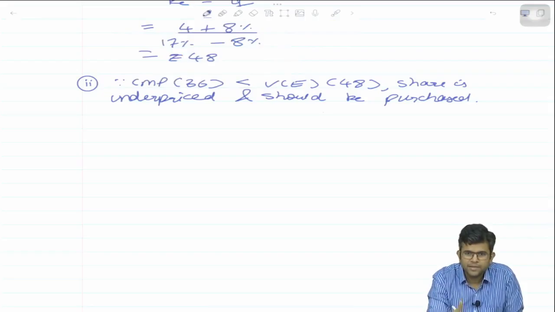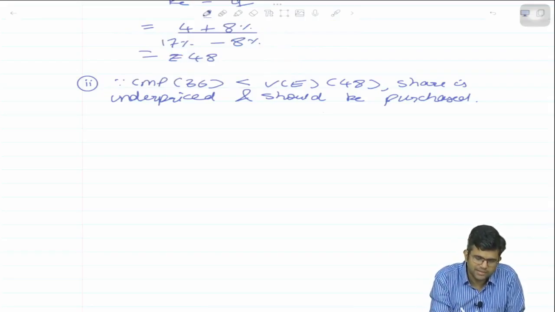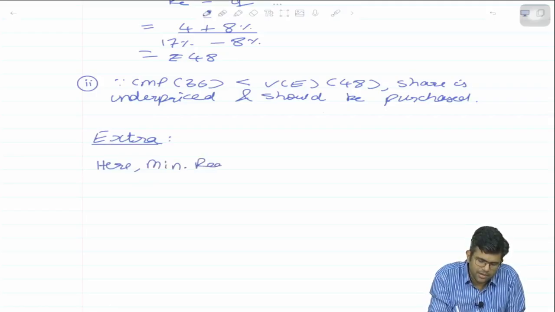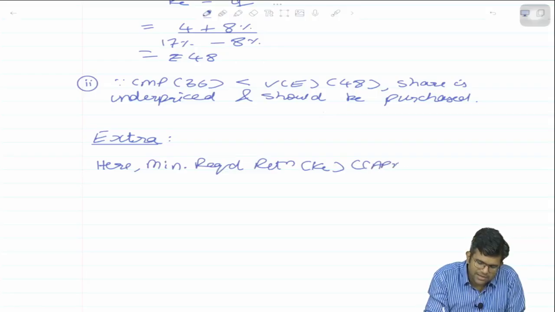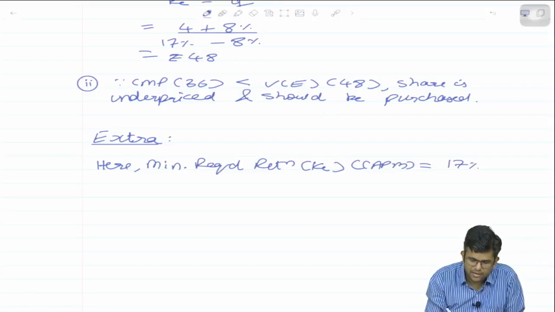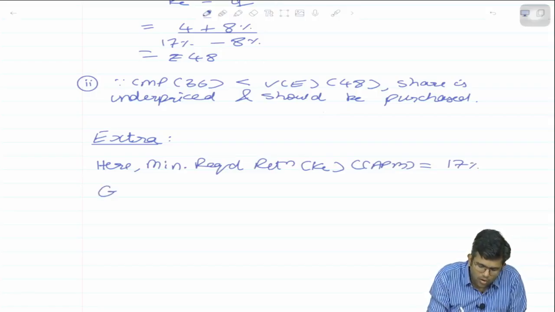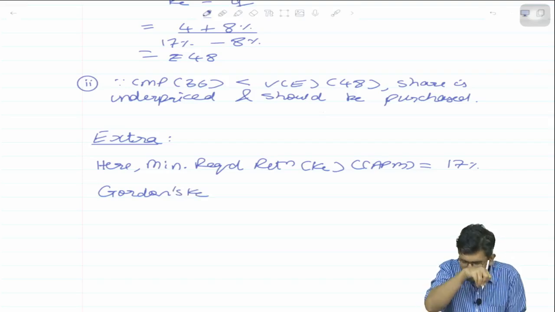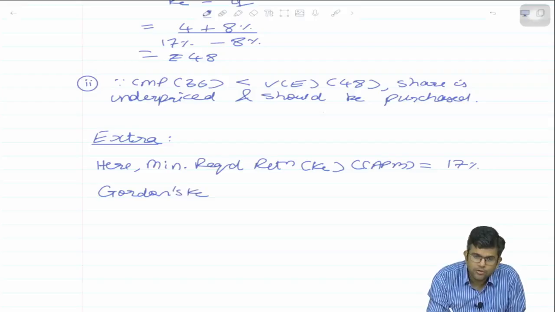All ready? Now I want to give you a little bit extra. Listen. Yesterday so much I taught you, and in that, something I'll just share. Can I say here the minimum required return KE, which is as per CAPM, is 17%? Now Gordon's KE, students, do you understand there is something called Gordon's KE also, which I hope you realize is the IRR.